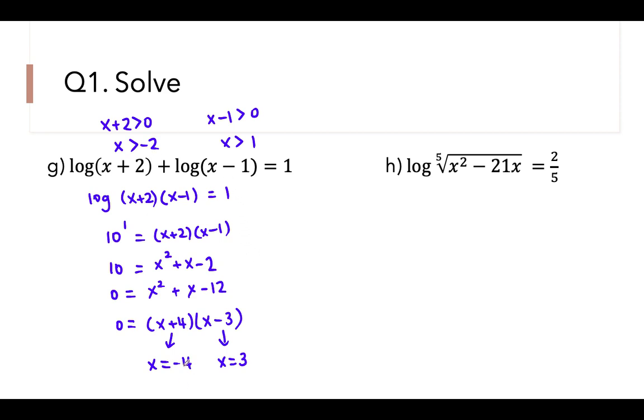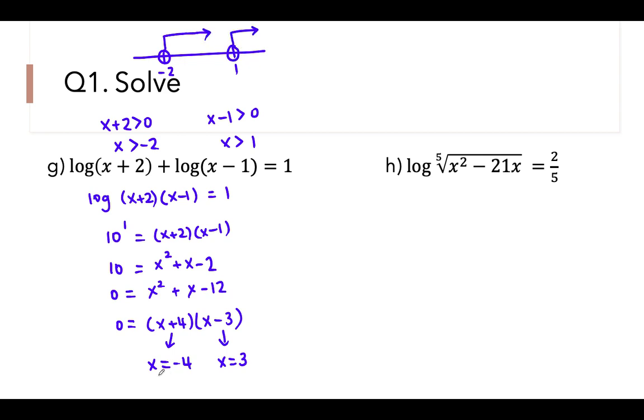Okay, so let's see. Does negative 4 belong to within this domain? No, x has to be, so it looks like here we have 1, and this we have negative 2. X has to be greater than negative 2 this way, and x has to be greater than 1.